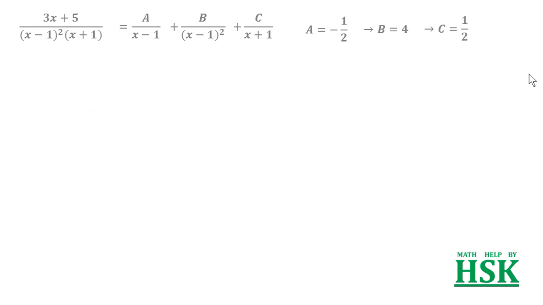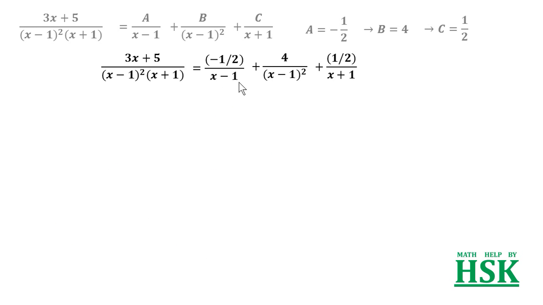Having calculated the values of a, b and c, the partial fraction of 3x plus 5 upon x minus 1 whole square into x plus 1 will be equal to minus 1 by 2 upon x minus 1, plus 4 upon x minus 1 whole square, plus 1 by 2 upon x plus 1. So the integration of this fraction would be equal to the integration of these three terms.